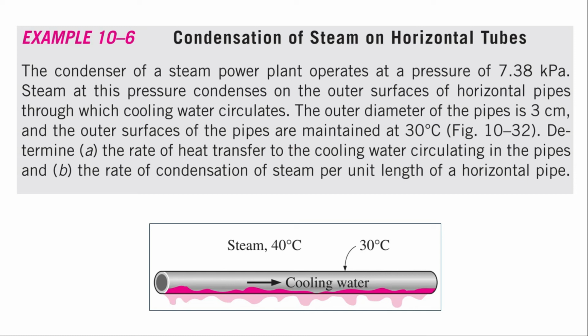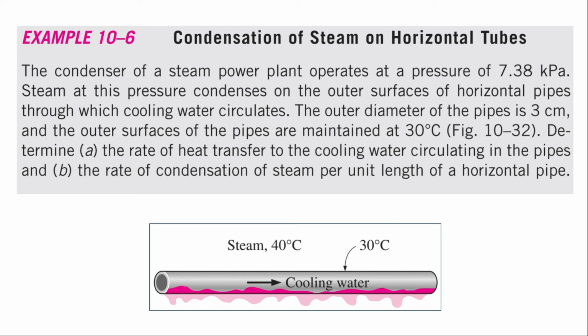The outer diameter of the pipes is 3 centimeter and the outer surfaces of the pipes are maintained at the temperature of 30 degrees centigrade. Determine the rate of heat transfer to the cooling water circulating in the pipes, and second, the rate of condensation of steam per unit length of a horizontal tube.